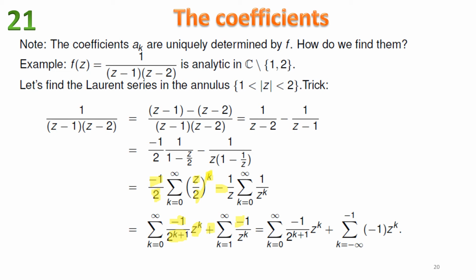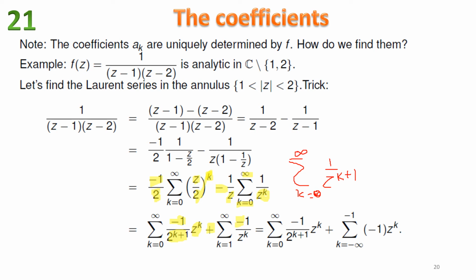Then here we have z to the power k, and here we have z, where k rolls from 0 to infinity. So here we have in fact 1 upon z to the power k plus 1, where k rolls from 0 to infinity.